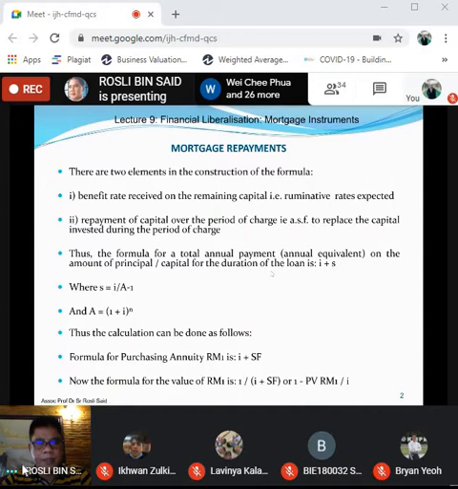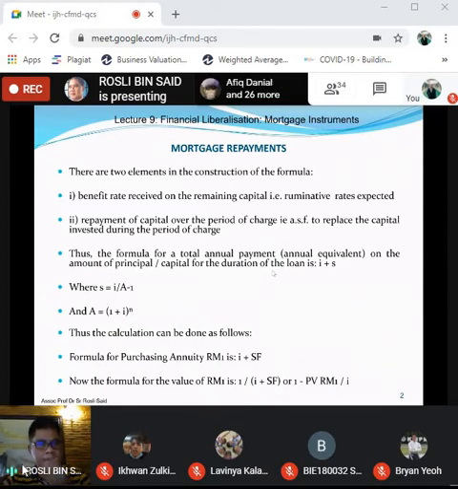throughout the mortgage period. The formula for the total annual payment, sometimes called the annual equivalent, on the amount of principal or capital for the duration of the loan is I plus S, or I plus sinking fund.